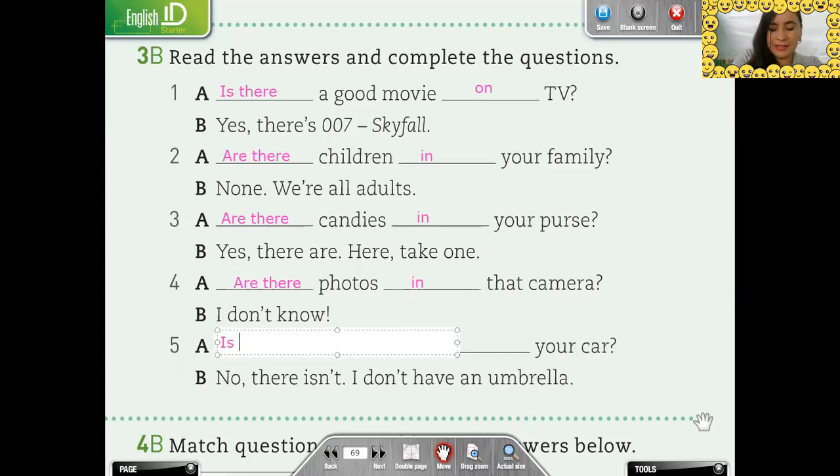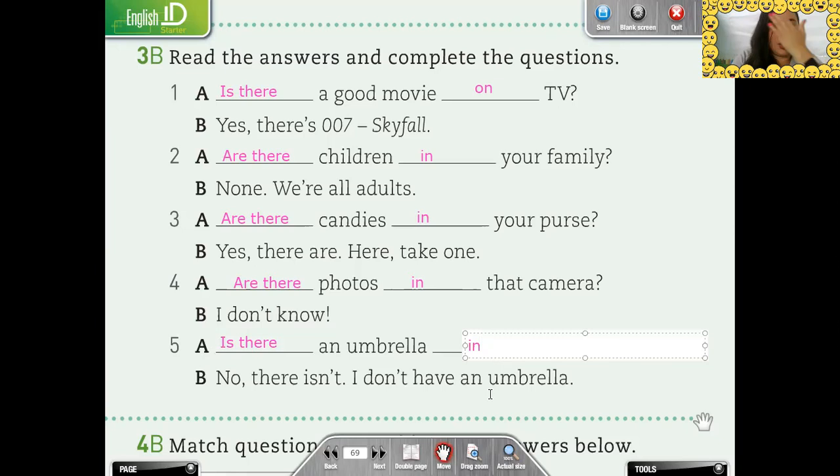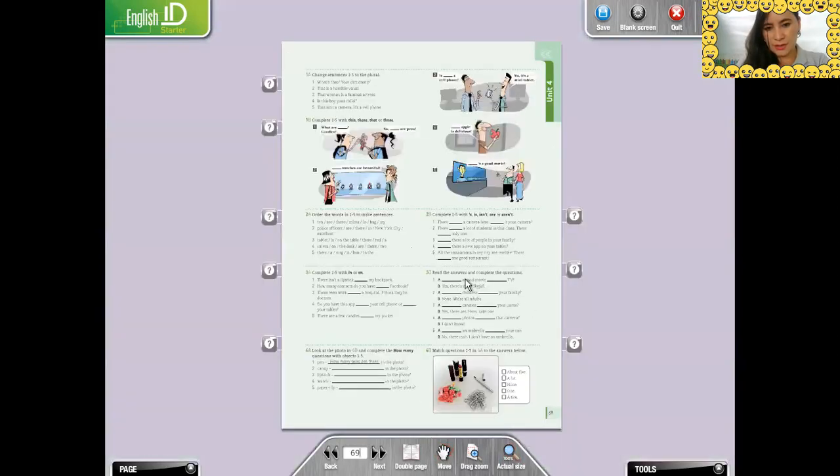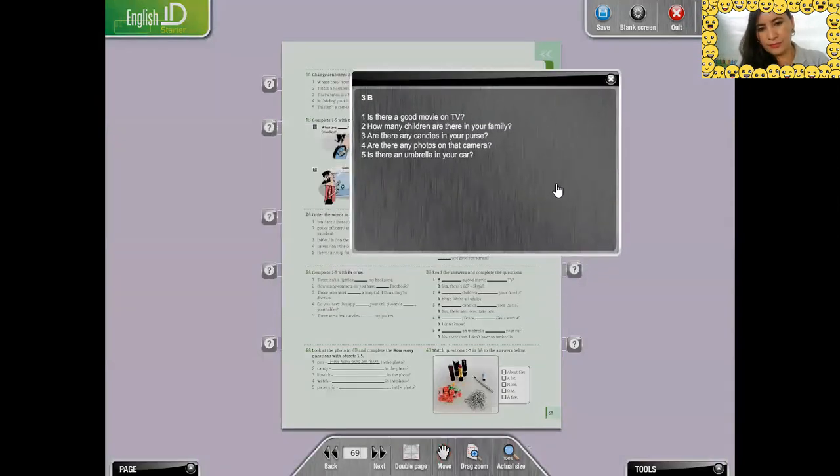Is there, because it's a question. Is there an umbrella in your car? No, there isn't. I don't have an umbrella. Well, in order for you to check these options, I'm going to show you the correct answers.